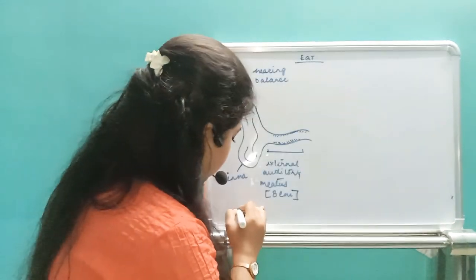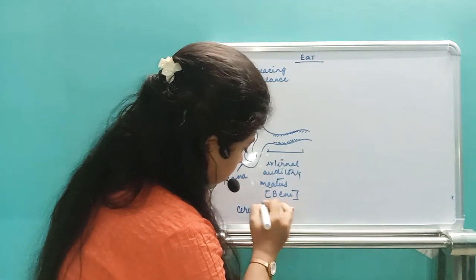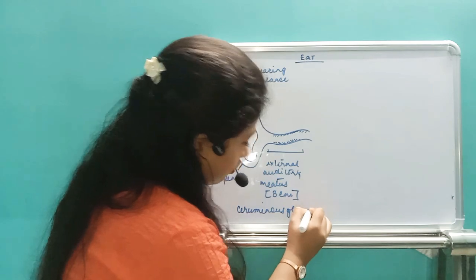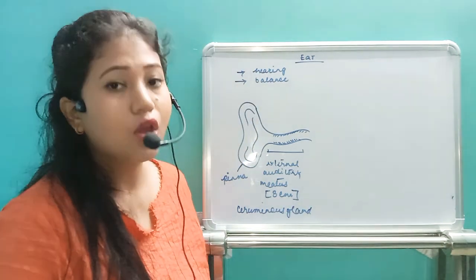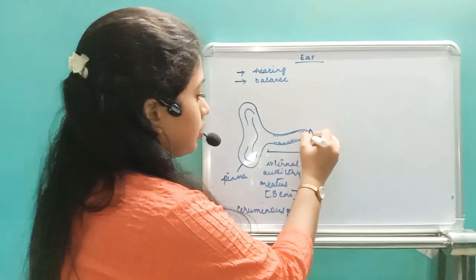This is the ceruminous gland. The ceruminous gland is the ear wax or cerumen producing gland, which protects and nourishes the next part, that is the eardrum.